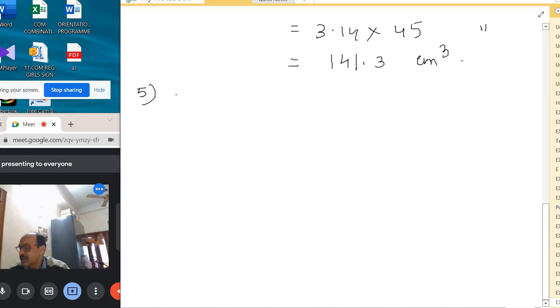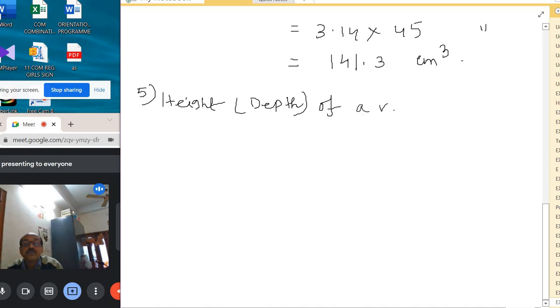So the height, that is depth, of a vessel of cylindrical shape is 10 meter, and the cost of painting is also given.